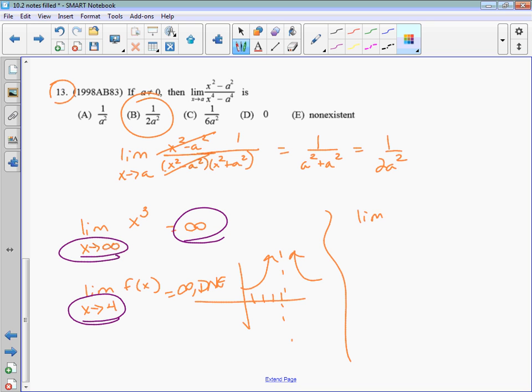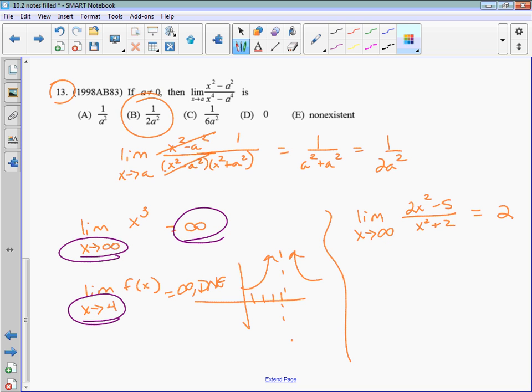Let's do just one other infinity one just to make sure you remember. Let's do the limit as x approaches infinity of 2x squared minus 5 over x squared plus 2. It's hard to just plug infinity in, right? So remember, the horizontal asymptotes of your graphs tell you about the end behavior. So what is your horizontal asymptote in this case? 2. That means as x approaches infinity, your graph is going to 2.